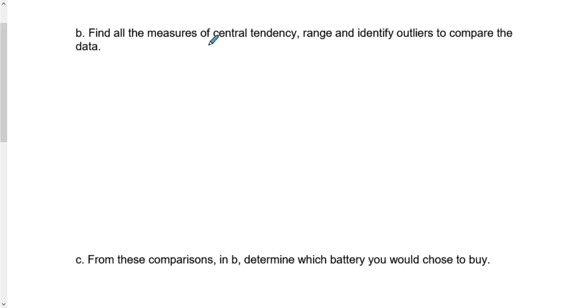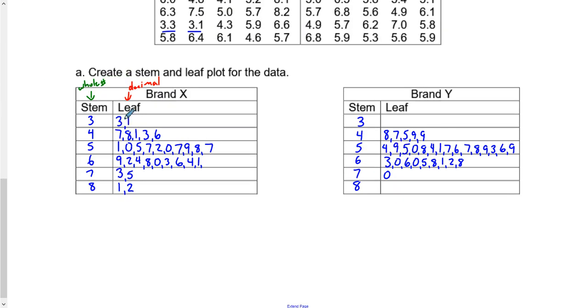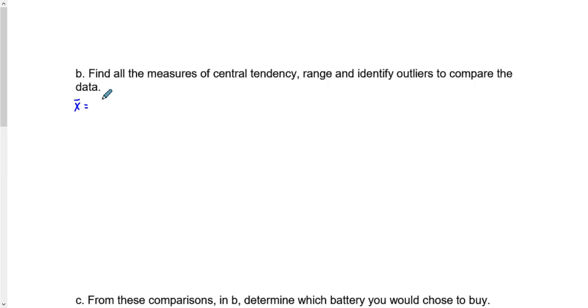Question B says we're going to find the measures of central tendency, our range, and identify any outliers to help compare the data. So our first thing that we're going to find out is our mean, our average. And the quick way that I like to show my work, so that I'm still doing my average correctly, is I have 3.3, a 3.1, 4.7, 4.8, 4.1, 4.3, 4.6, and it's all going to go up to an 8.1 and 8.2.